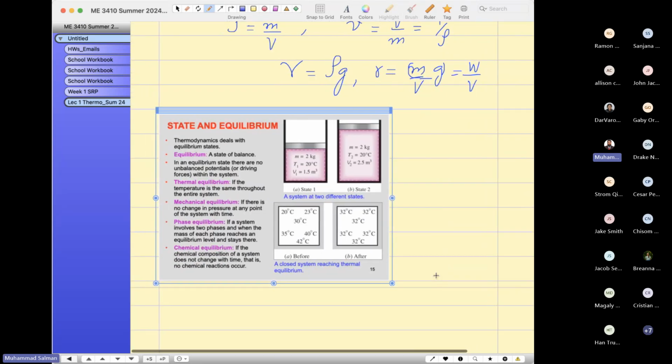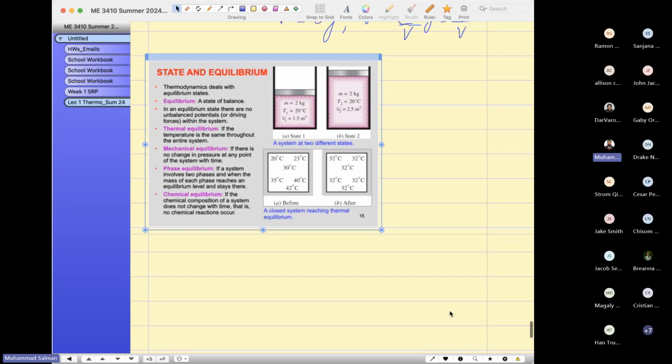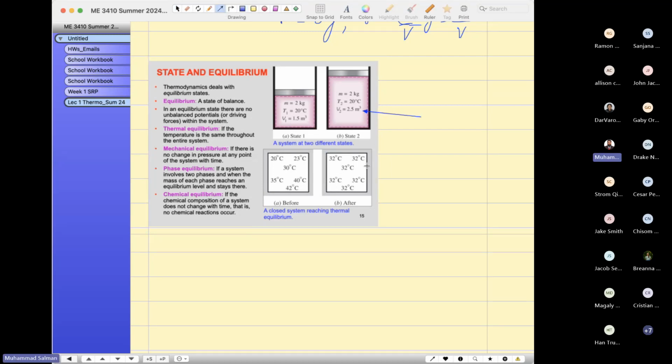State and equilibrium. Now, before I move forward, can you tell me what is this system? Is it a closed system or open system? Please write down in your chat box for these containers. That's good. This is a closed system.